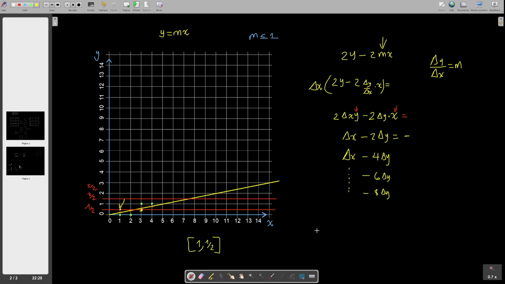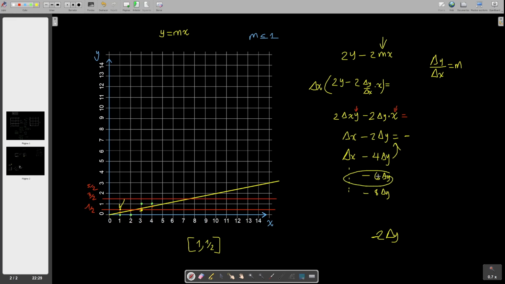So in each iteration, I can just take the first evaluation value that I got and subtract from it twice delta y, because this is going to be this same number, this same result, but minus 2 delta y.